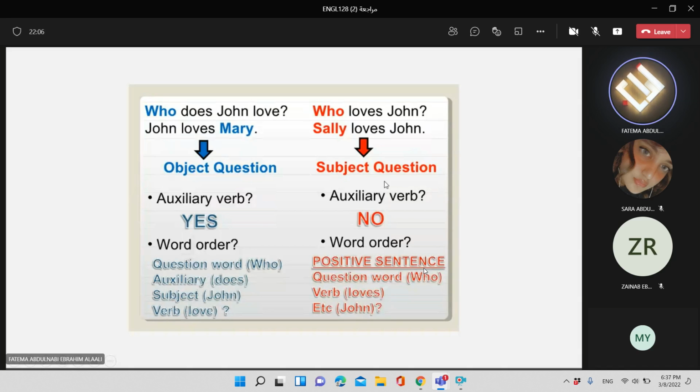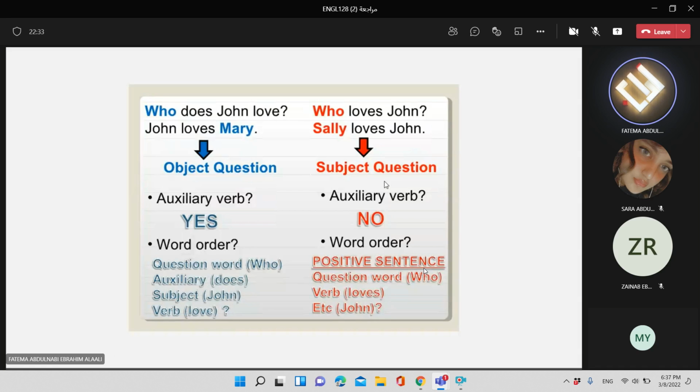Moving to the subject question, okay? Sally loves John. If we didn't hear who loves John, or want to know who loves John, this is a subject question. We want to ask who loves John. We use the WH word that's suitable for the subject.